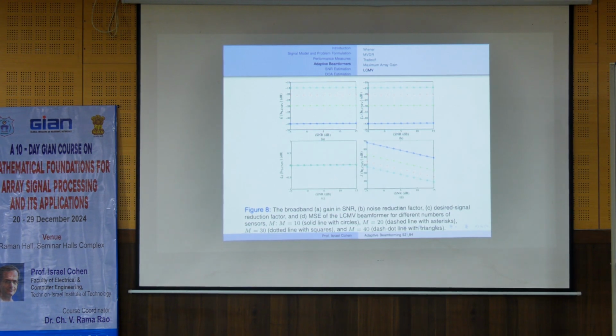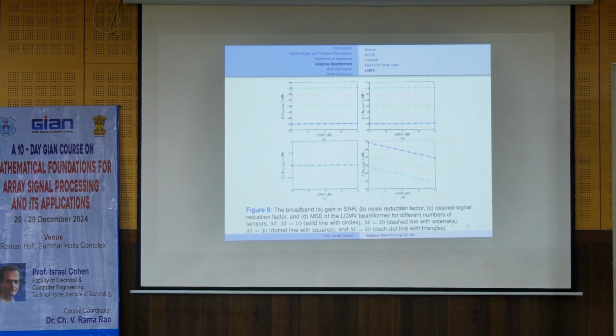Because LCMV is like MVDR with additional constraints on certain directions. And the MSE decreases. The MSE results only from the variance of the residual noise at the beamformer output. So if we increase the number of sensors, the noise decreases and the MSE decreases. No distortion. Okay, let's take a look at the beam pattern.